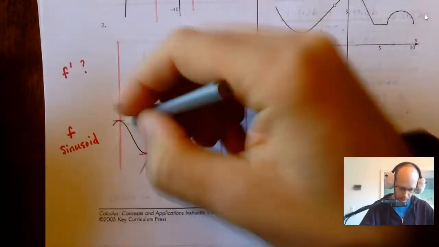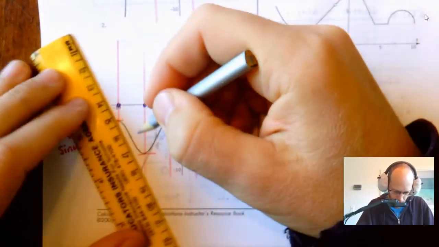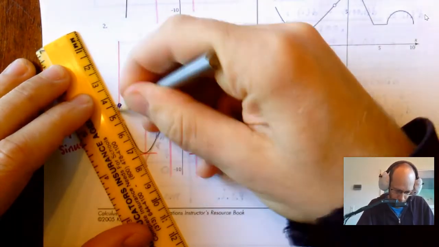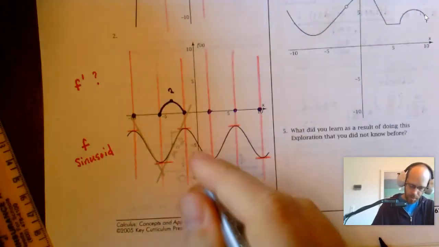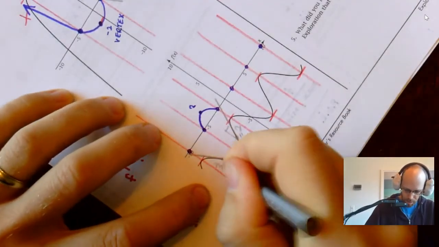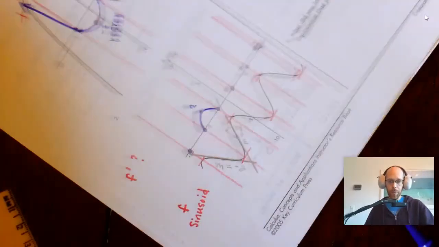Hopefully we can see that if we were to go right here, we would get another point of inflection. And that point of inflection has a slope equal to -2.